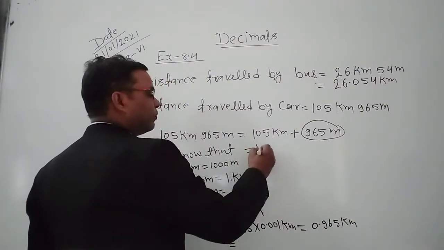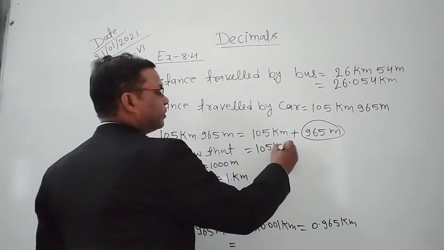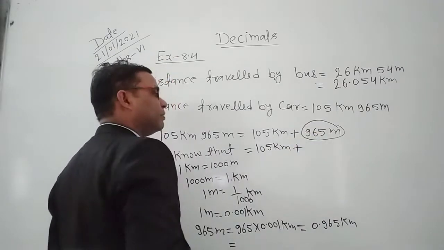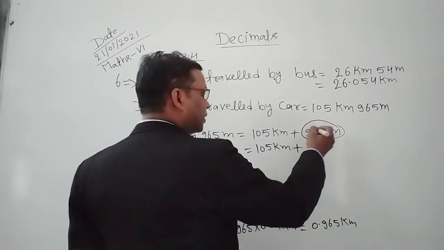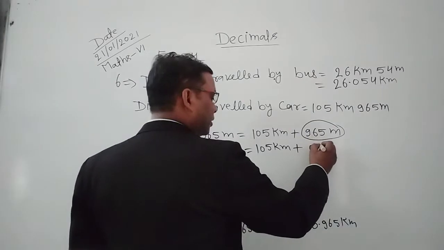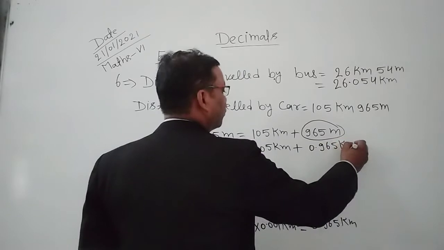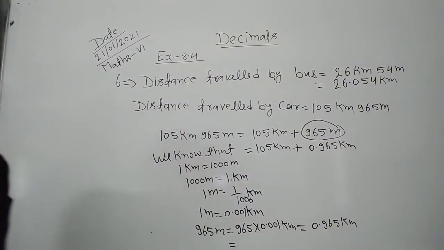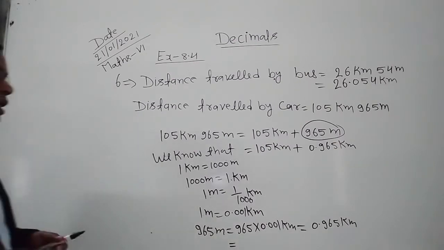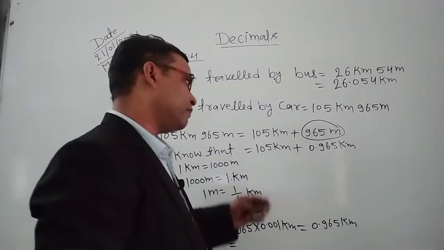So you can write 105 kilometer, and 965 meter becomes 0.965 kilometer. If you add them, then you find the distance traveled by car in kilometer. This is equal to 105.965. Clear?